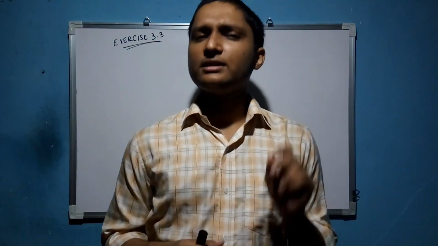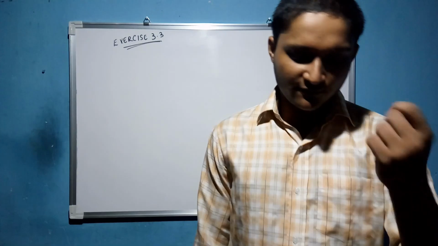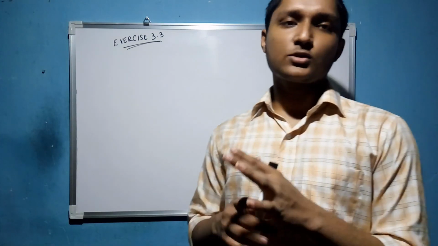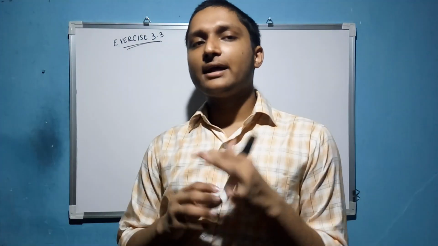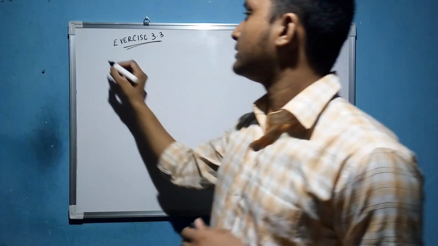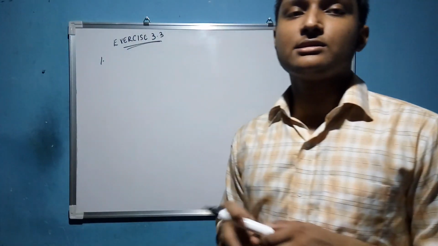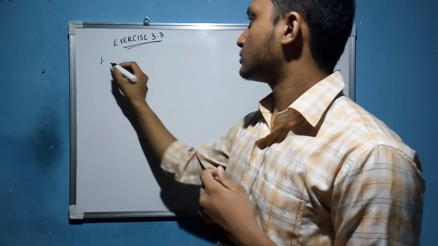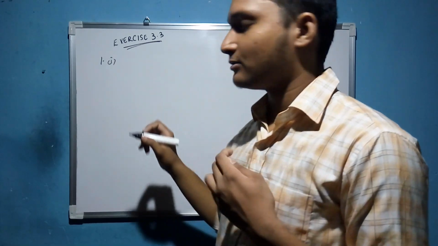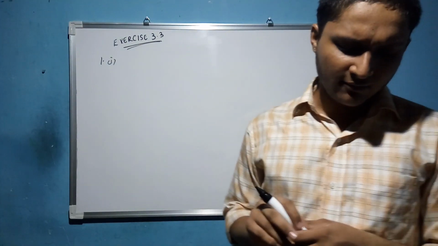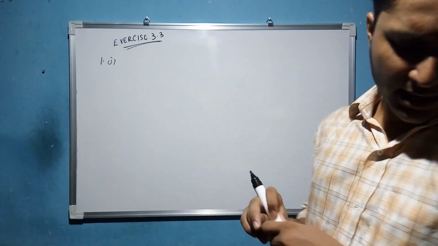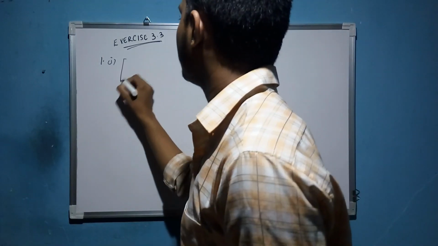Exercise 3.3 is very simple, as this whole chapter is simple. So the first question is finding the transpose of something. While you find the transpose of something, you are going to interchange the columns and the rows. So let me do only the first one out of that. Other two you can do yourself. So the first one is 5 half and minus 1.